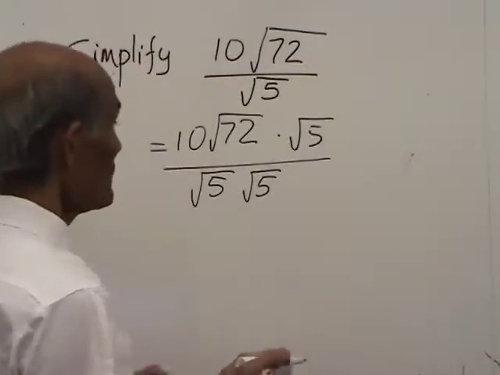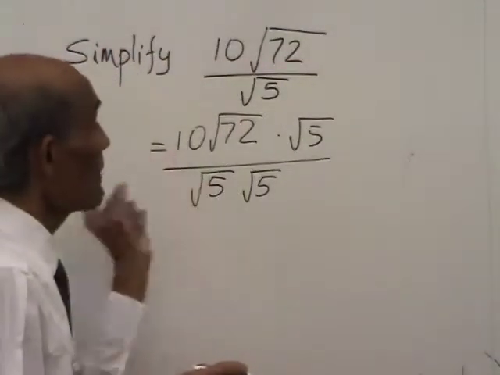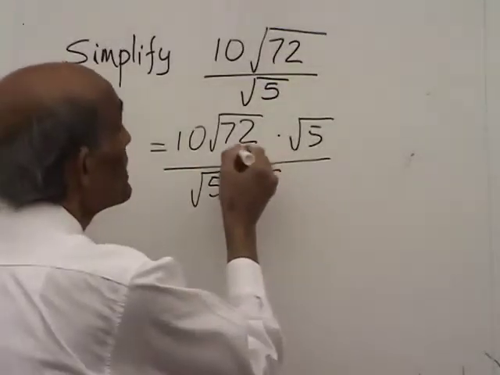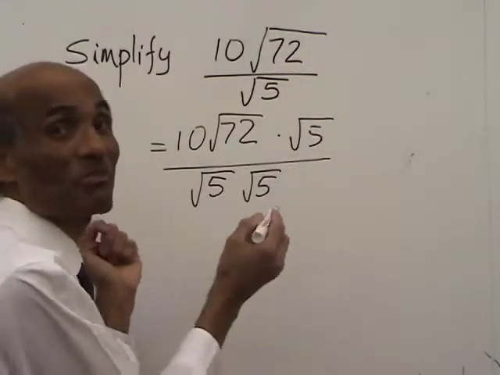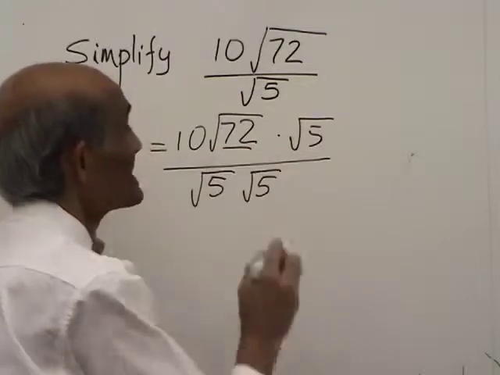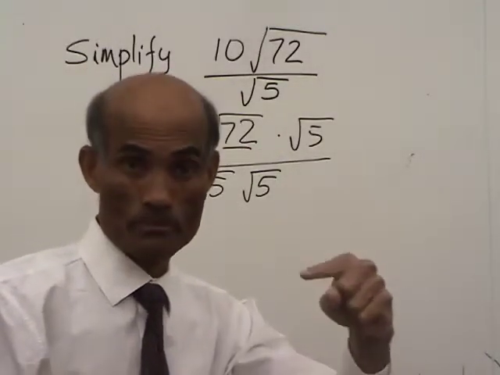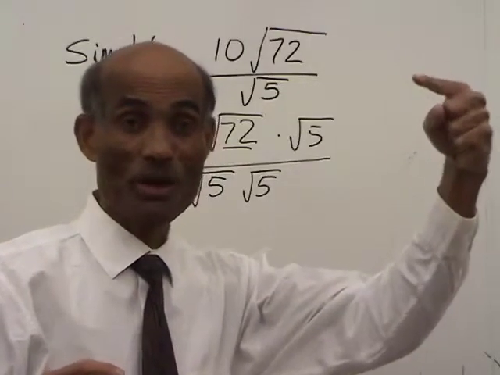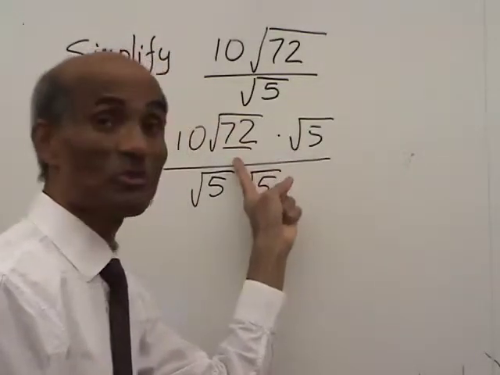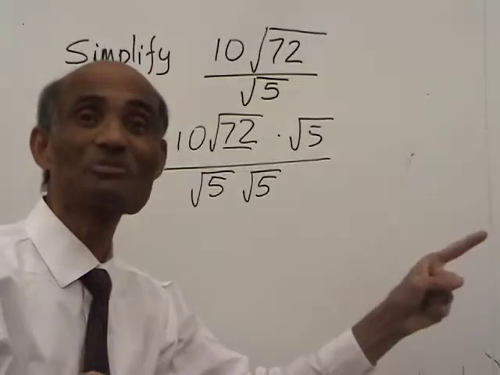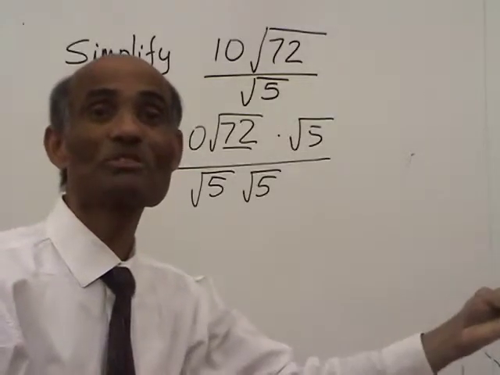Okay. Now, on the numerator, we've got to do a simplification. Can you write 72 as the product of the highest perfect square? 72 is 36 times 2. 36 is a perfect square.